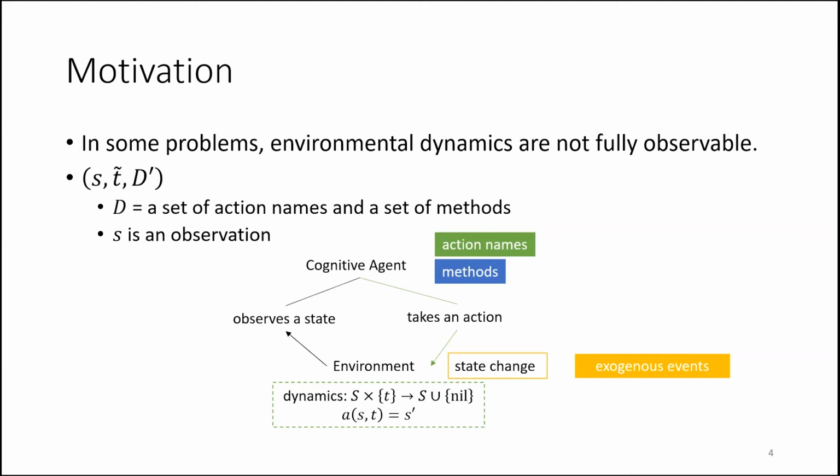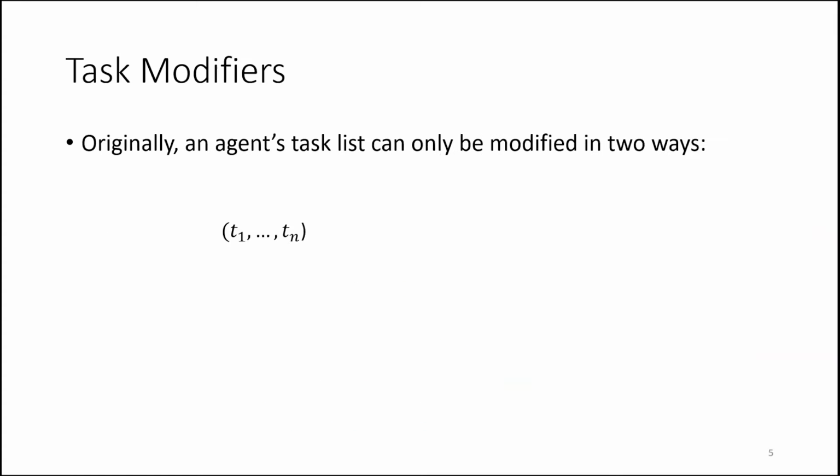To handle this type of situation, we describe a simple mechanism called task modifiers as an extension to the HTN framework. In the original HTN framework, an agent's task list can only be modified in two ways.